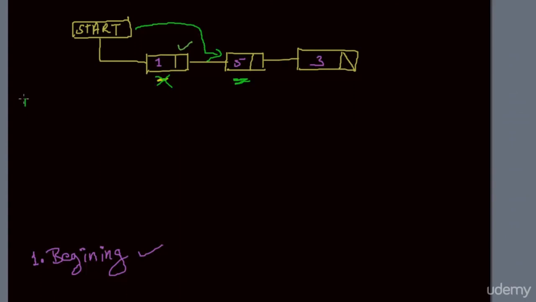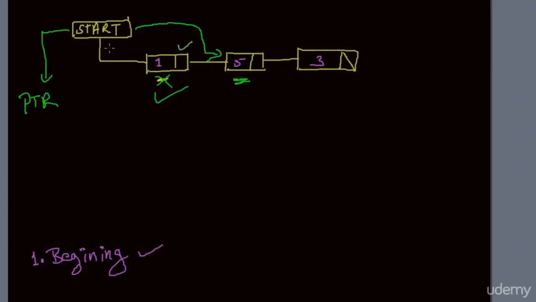First would be to take a temporary variable, for example ptr. In this temporary variable we will copy start. Why will we copy start? Because we would require the address currently in start to delete, or in other words to free up, the memory allocated by the node with data 1.